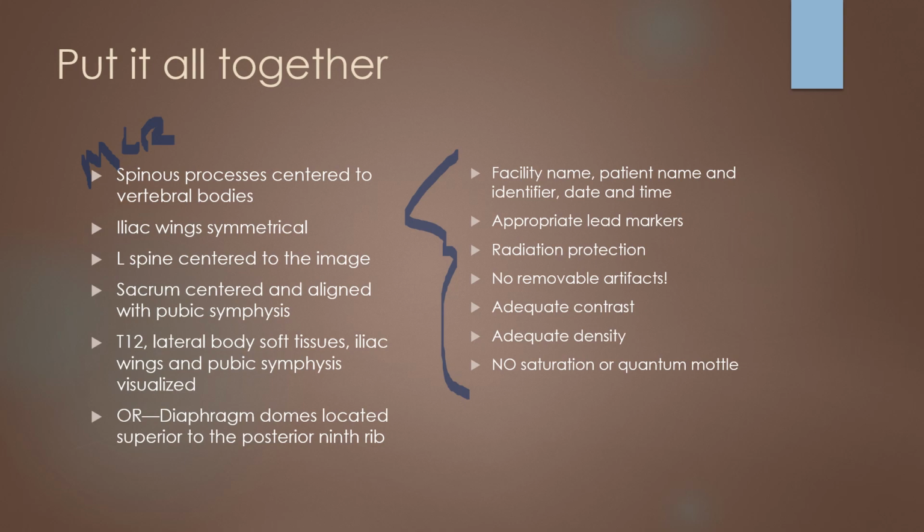Now, one of the ways, and I forgot to mention this to you, that can be really important when you're trying to position these patients: sometimes it can be difficult to tell if you really have their mid-coronal plane parallel. One of the best ways to do that is to find their ASIS and just verify that their ASIS is the same distance to the table on one side as it is to the other. The other thing is sometimes patients will be hesitant to lean flat on their back.